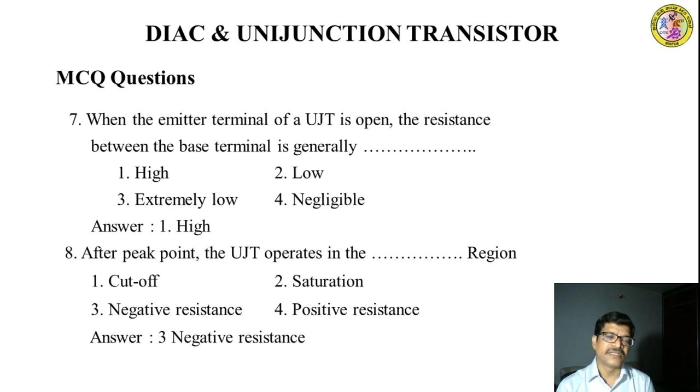Question number 8. After peak point, the UJT operates in the dash region: cutoff region, saturation region, negative resistance region or positive resistance region. The answer is negative resistance region.